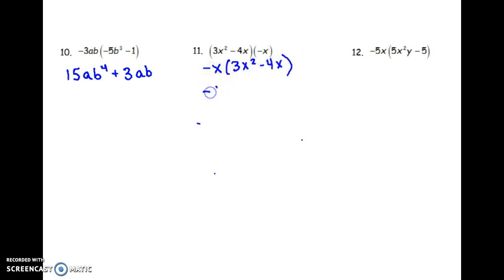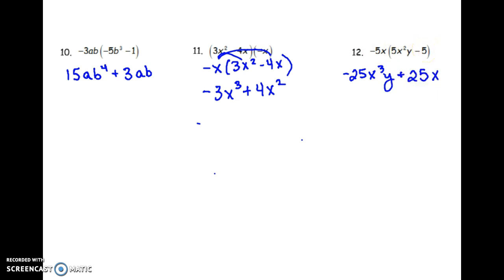So this answer would be negative 3x to the third plus 4x squared. Okay, again, I just distributed. All right, number 12 would be negative 25x to the third y plus 25x. Okay, because again, a negative times a negative is a positive.